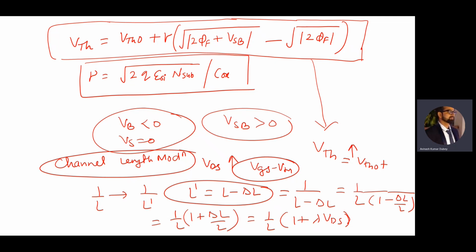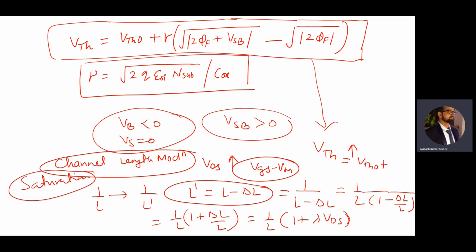Because of this drain to source voltage, delta L occurs. Therefore, in the previous equation of ID, 1 by L is replaced by 1 by L times 1 plus lambda VDS, and that occurs in the saturation region.